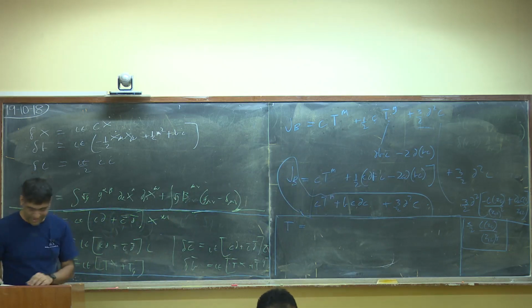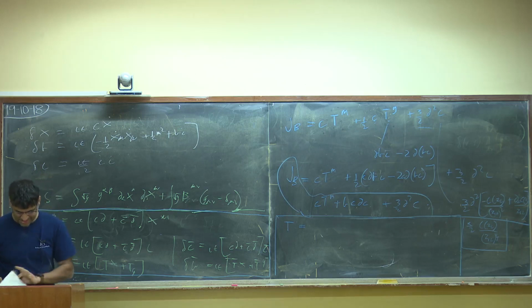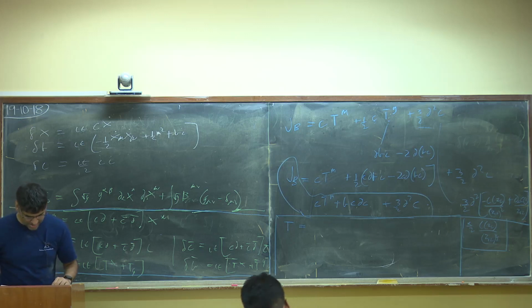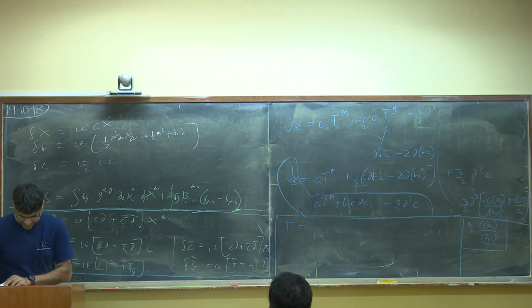Minus 1 by alpha del x del x. Finding formulas in Polchinski is remarkably hard.